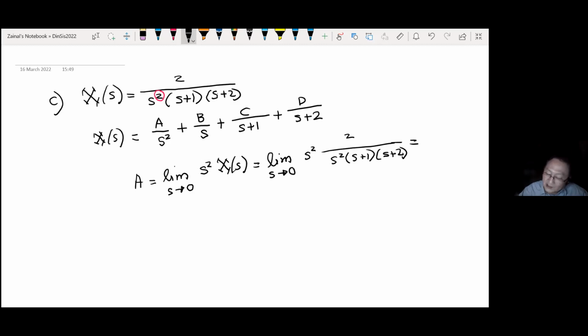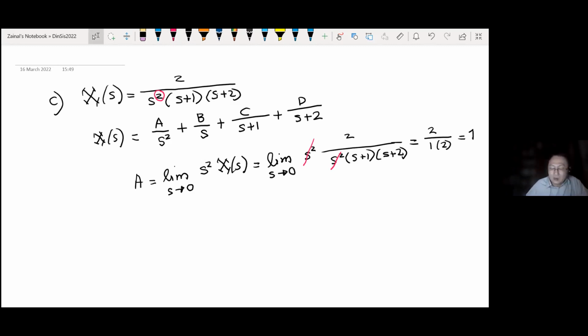Okay, this cancels out with this one, and substitute S equal to 0, then you have 2 divided by 1 multiplied by 2, which is 1.